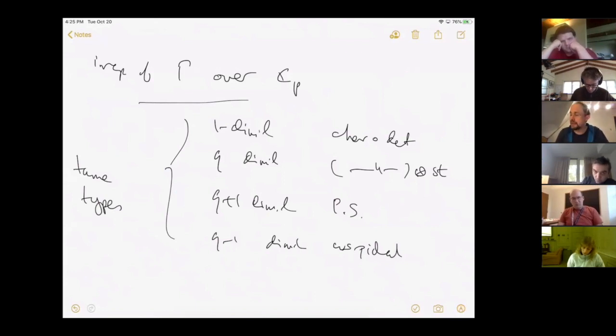So tame here is more or less referring to the fact that they're reps of GL2 of the ring of integers that factor through GL2 of the finite field. And types are the number theorist word for certain representations of GL2 of the ring of integers that play a particular role in the representation theory of GL2 of the p-adic field.